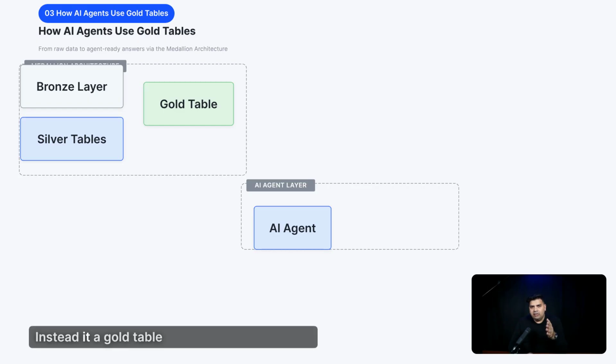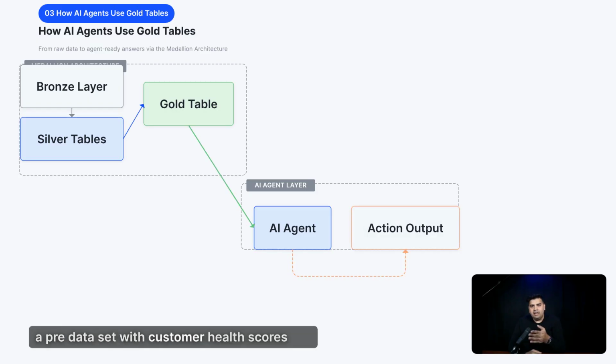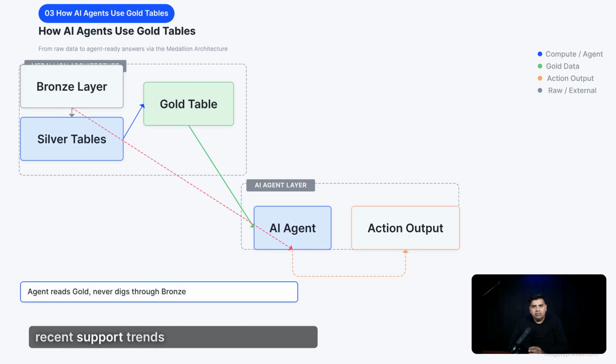Instead, it queries a gold table that already contains the answer, a pre-built dataset with customer health scores, recent support trends, and usage patterns all in one place. The agent reads structured rows and columns, reasons about what it finds, and gives you a clear answer. Maybe it even triggers an action, like flagging those customers for your success team.